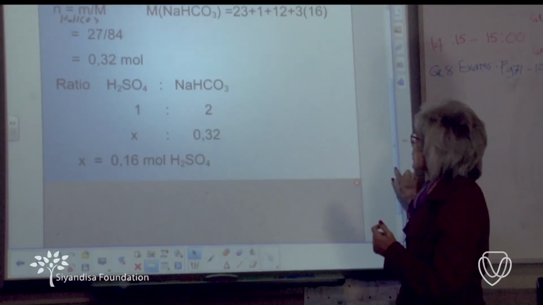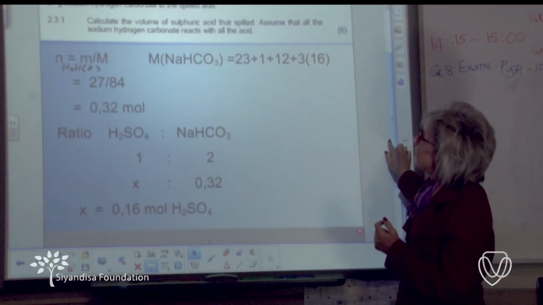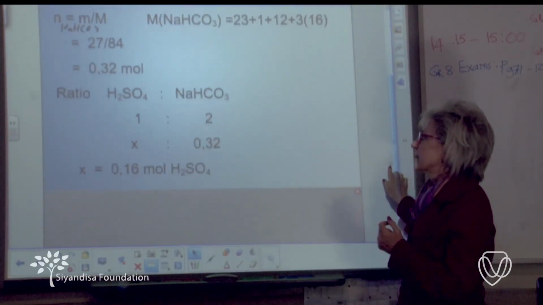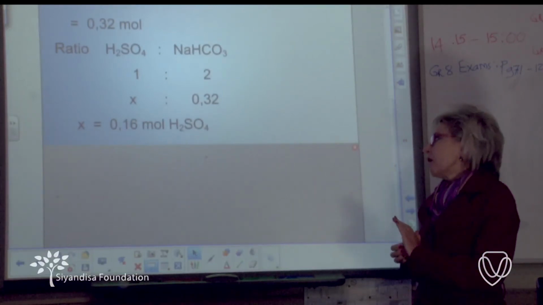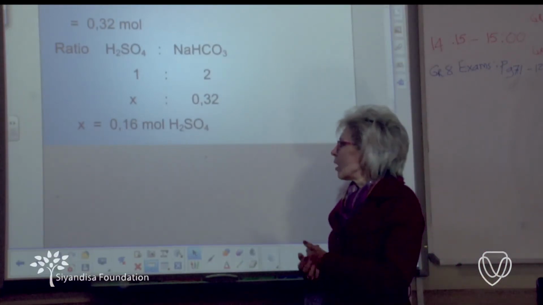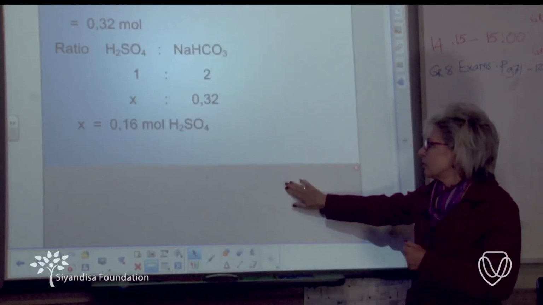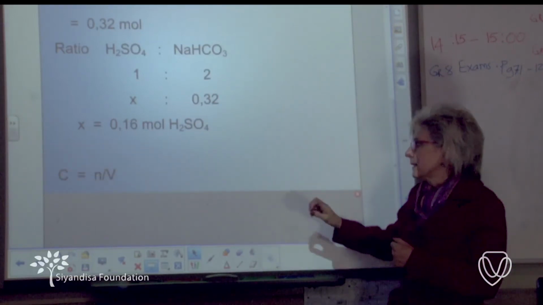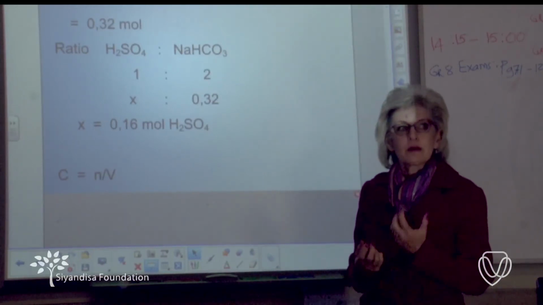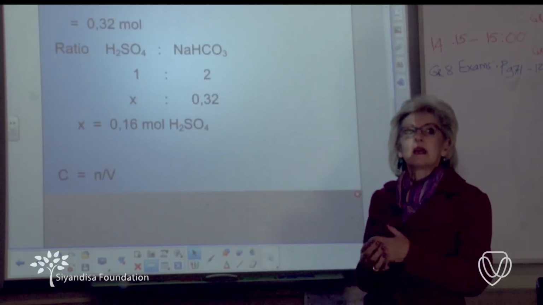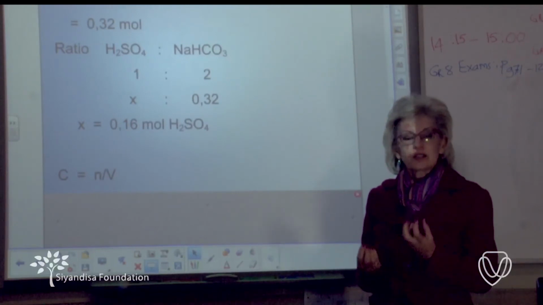That wasn't the question. The question was the volume of sulfuric acid. Now, can I calculate the volume from amount of mole? Yes, we do have a formula on the data sheet. And my advice, please do not try and remember this formula because you've used it ever so often. You are stressed.